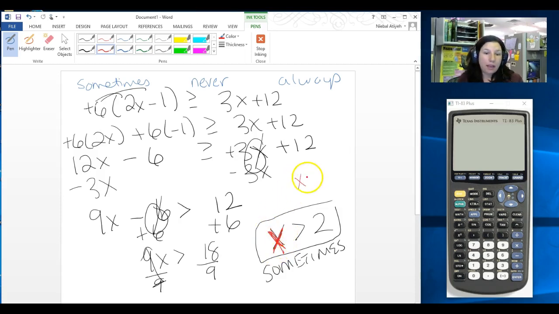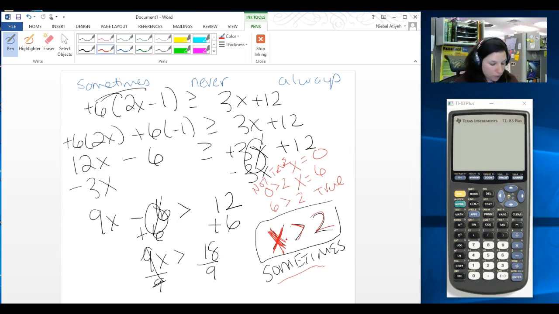If I say x equals 6, then we'll have 6 is greater than 2. That's true. But if we say x equals 0, that would give us 0 is greater than 2, which is not true. So you're going to have this sometimes when you have a variable that is going to be changing the statement depending on what that variable represents.